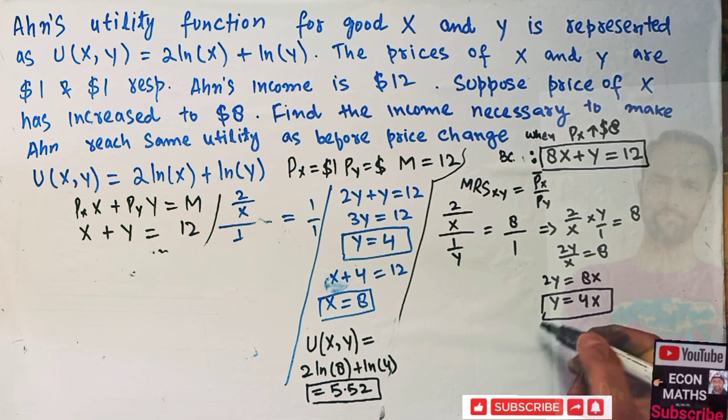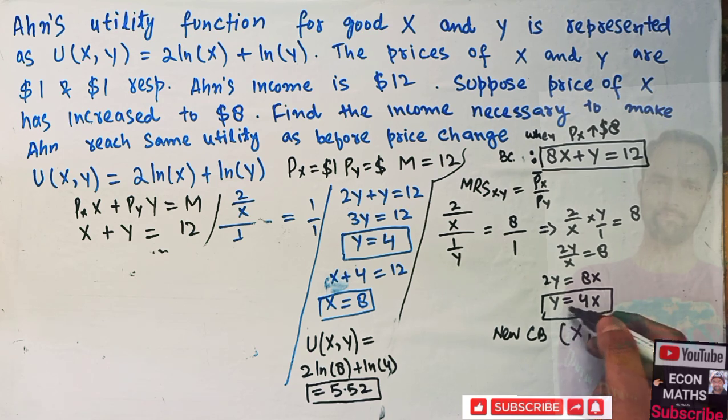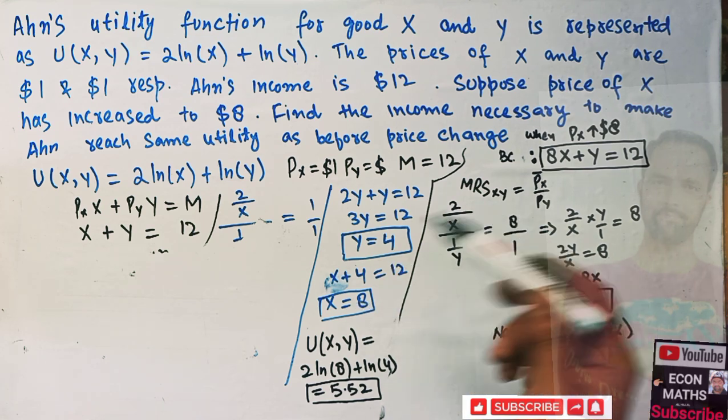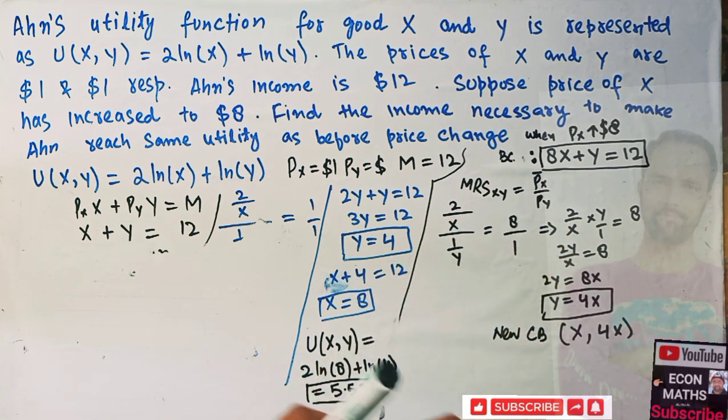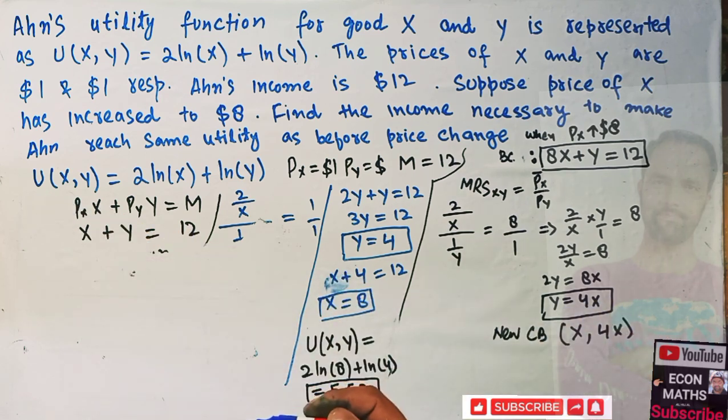So the new consumption bundle will be x, and in place of y we have 4x. Now to obtain the same level of utility as before, we just need to plug the value of y equal to 4x into our ordinal utility function.